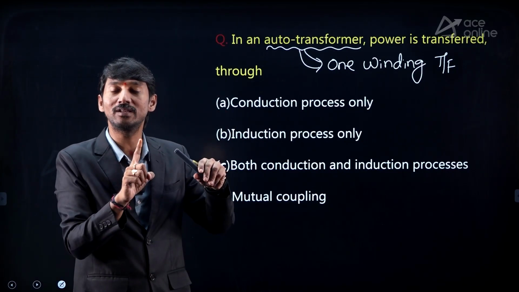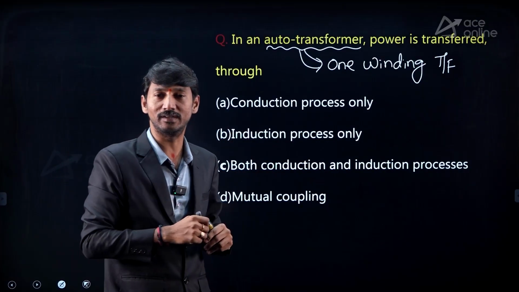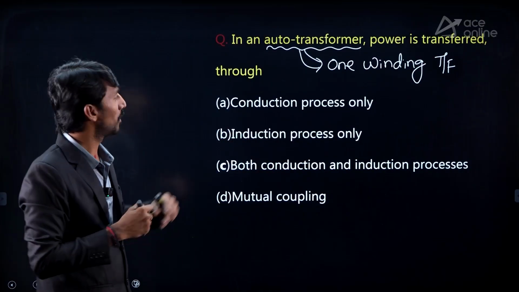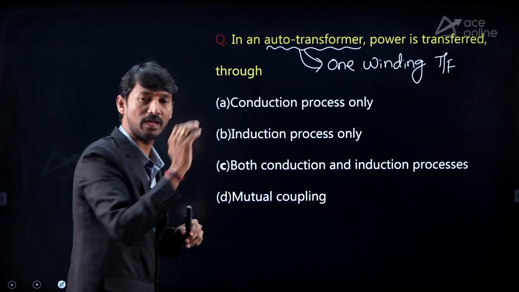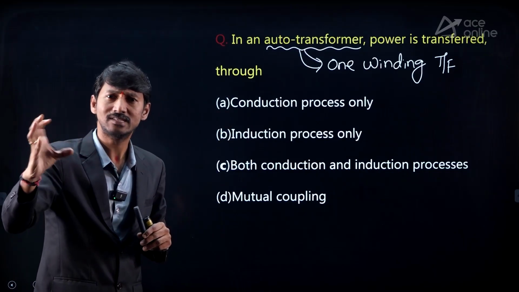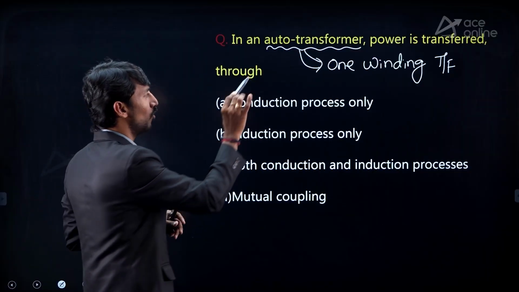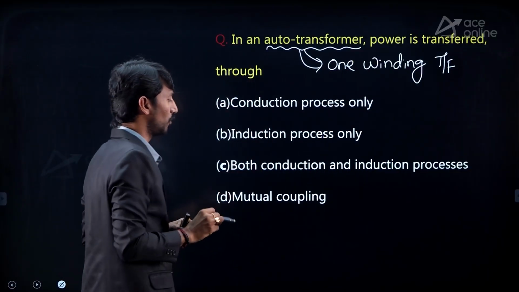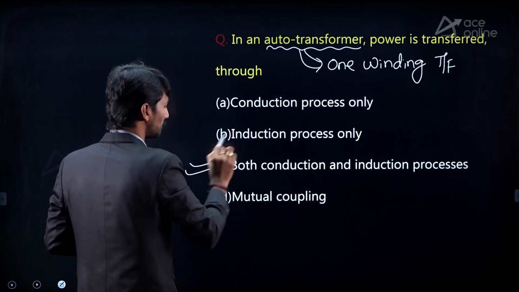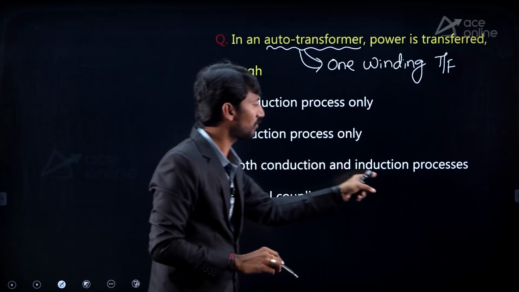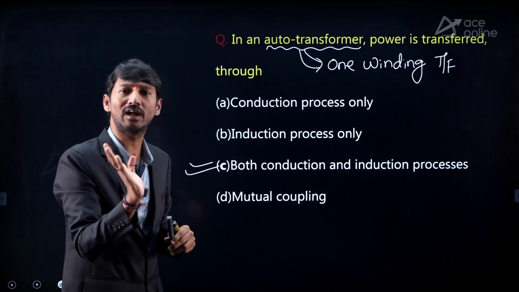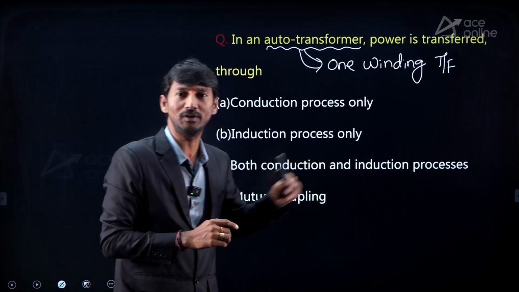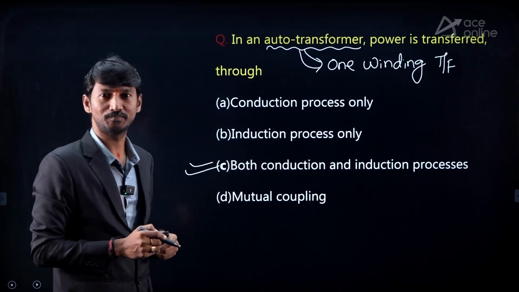Why? The two coils are electrically separated, only magnetically linked. But in an auto transformer, one winding is acting as primary, and some part of that is acting as secondary, so only one winding will be there. Therefore, the power is transferred by both conduction and induction processes. Therefore, conductively and inductively coupled, we can say. So the answer is both. Right?